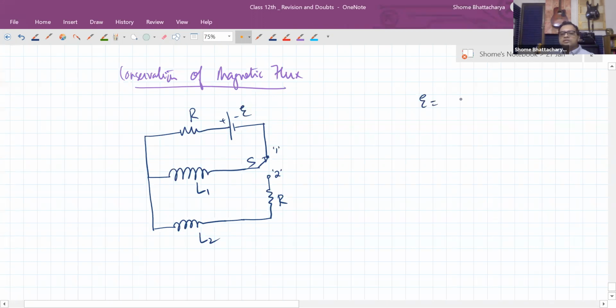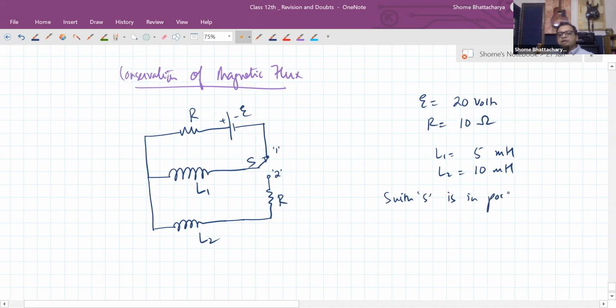Let's say given E is equal to 20 volts, R is equal to 10 ohms, L1 is equal to 5 millihenry, and L2 is, let's say, 10 millihenry. Now the switch S is in position 1 for a long time. Now it is switched to position 2.